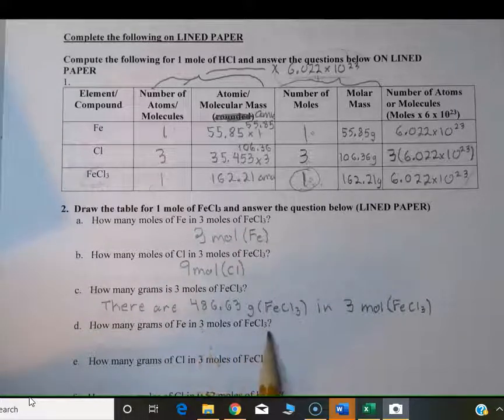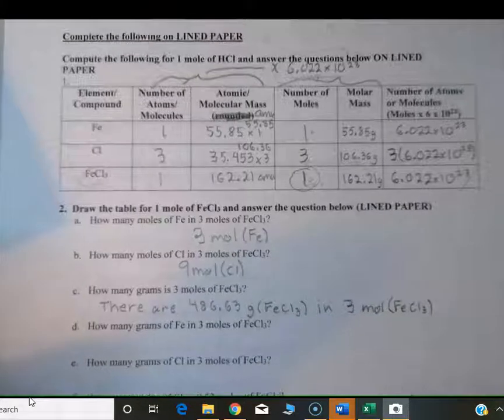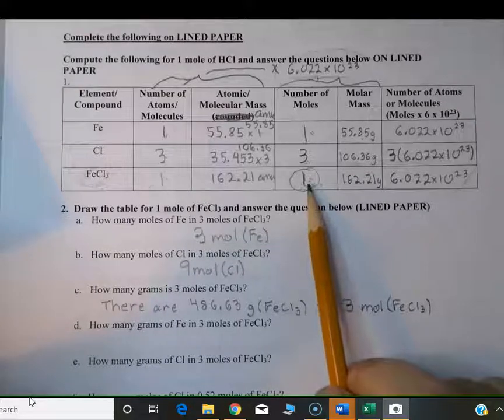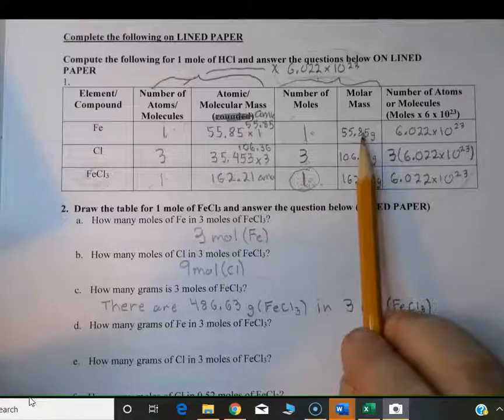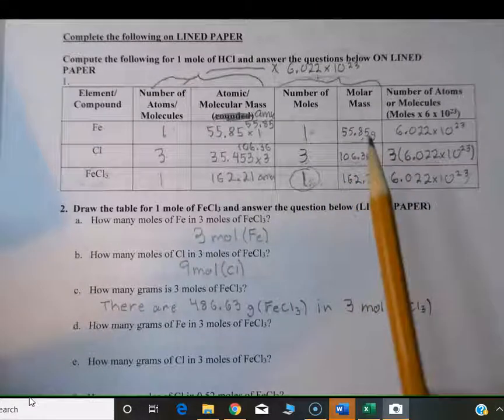How many grams of Fe in 3 moles of FeCl3? Okay, so let's write these out as complete sentences, even though we have the questions there. So if I want 3 times this, I come up to Fe, and this column is moles, this column is grams. So that's how many grams in 1 mole. So I need 3 moles of this, I need 3 times as much of this.